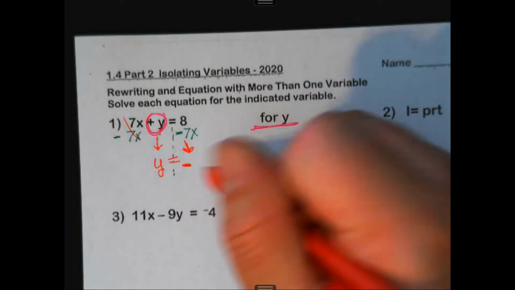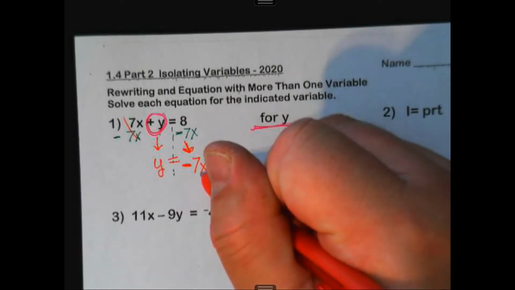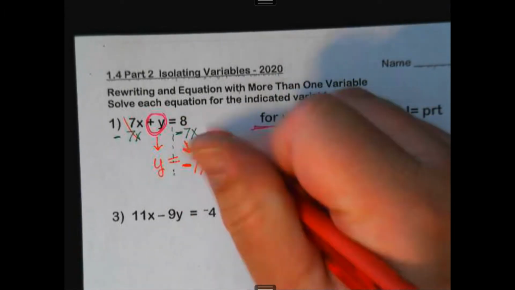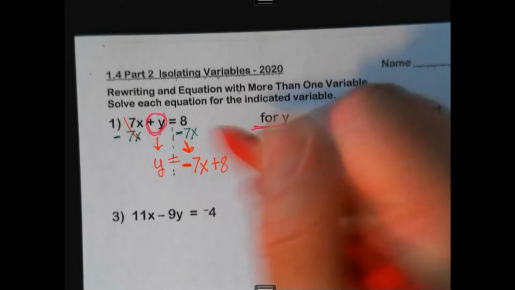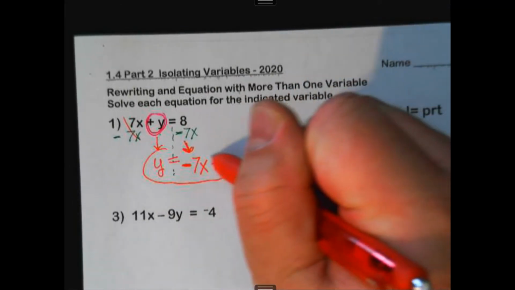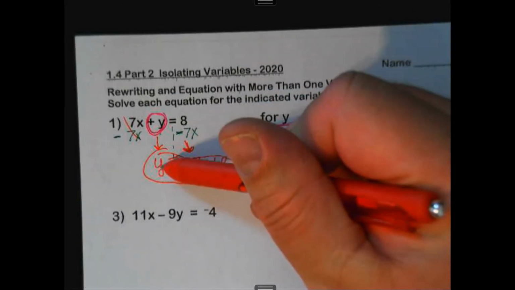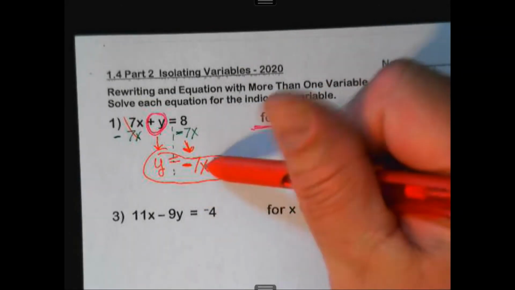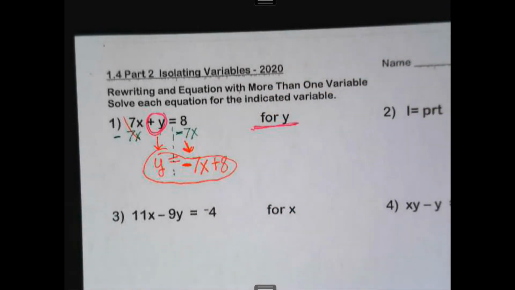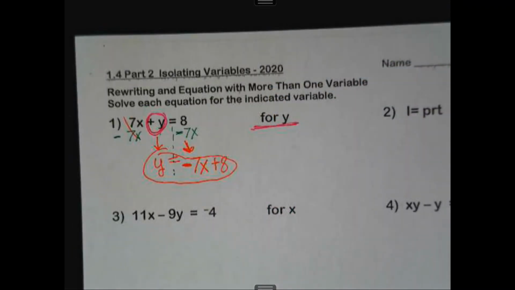Okay? The variable term comes first, and then I'm going to bring down my positive 8, and there's my answer. It says solve for y, that means get y by itself on one side of the equation, everything else on the other side. That's it, we're done.